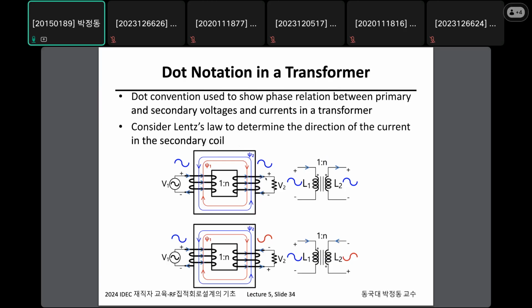Therefore, if this second port is connected to a resistor, then the top one is positive and the bottom one is negative. So we have to draw the dot at the top. Okay, so for the bottom drawing, it is the opposite case.